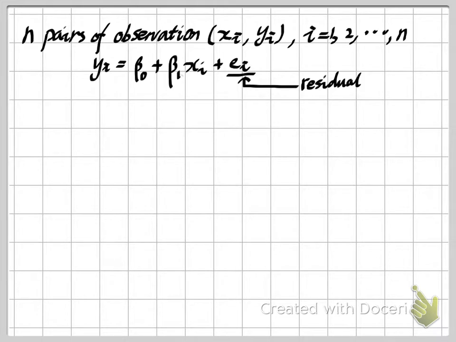Then how can we decide the beta 0 and beta 1? We know this model is a linear relationship, right? So if we draw the graph of this equation, this should be a line. So what we want is to decide the beta 0 and beta 1 which best fit our observation. Or in other words, if we draw a graph about our data xi and yi, the horizontal one is our x-axis, and the vertical one is our y-axis.